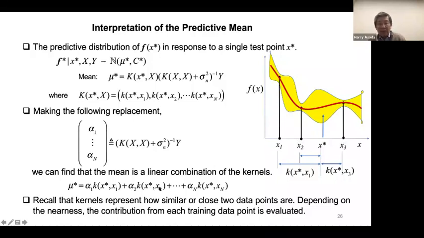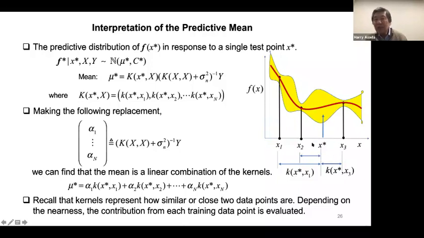And as shown here are the kernel values. Kernels in some way represent how close these data points are, how similar they are. So this particular one, K(X star, X1), evaluates the similarity between X1 and X star. This one is also influenced by X3, and this particular kernel evaluates how close they are.